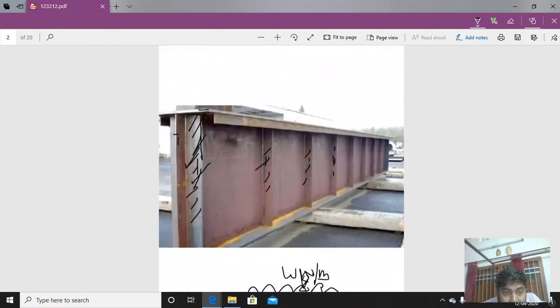You can see this is the actual web, and to enlarge the web area, to make the web area more, we use the stiffeners.